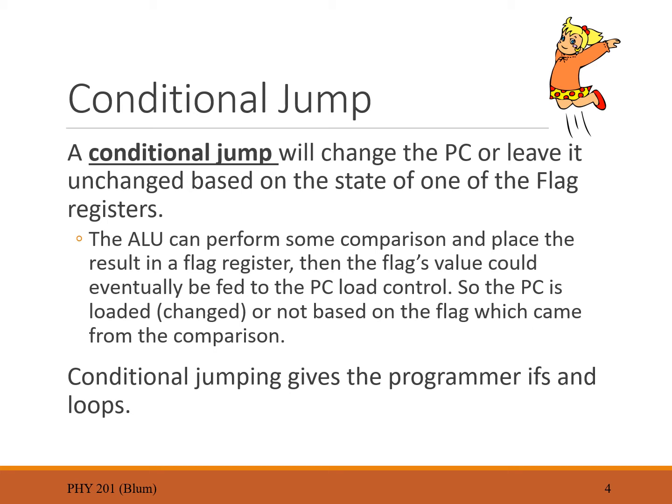That comparison will end up in the flag part of our architecture, and then based on the flag's value, we will either put the new value in the program counter and perform the jump or not. So it's a jump based on some condition, jumping or not jumping. And this is how, at its lowest level, we get the high level concept of ifs and loops. They are conditional jumps at this lowest level.